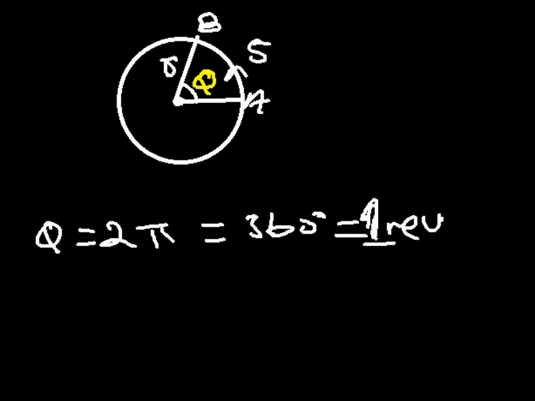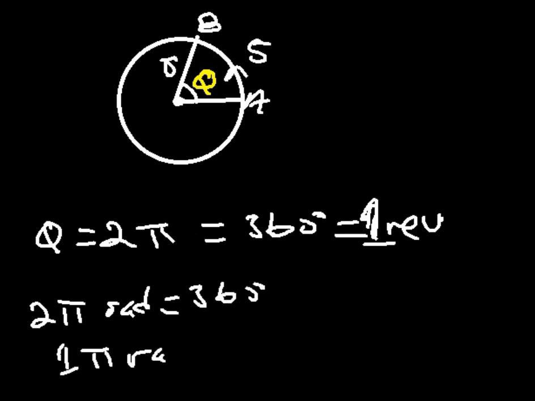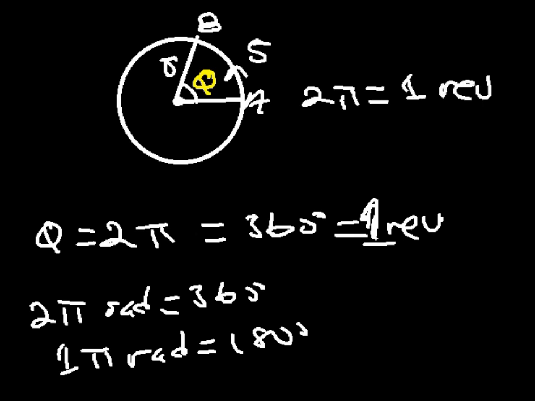In this case, the conversion factors are that 2 pi rad is equal to 360 degrees, and of course this is the same as pi rad being the same as 180 degrees. Also, 2 pi rad is equal to 1 revolution, and 360 degrees is equal to 1 revolution.